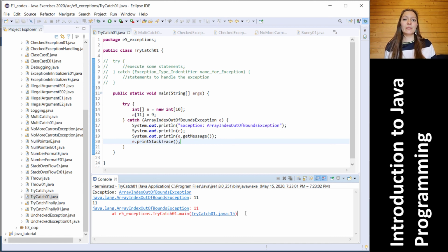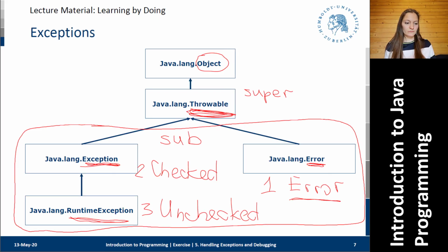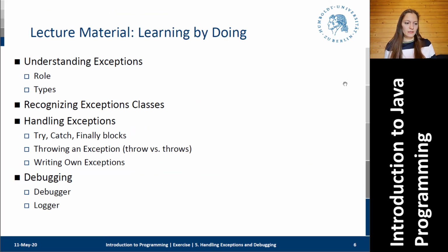You can save some data from the program. You can tell the user what kind of exception took place, or you can also define your own message that you want to show to the user. So this is very flexible. And now we are done with this section.